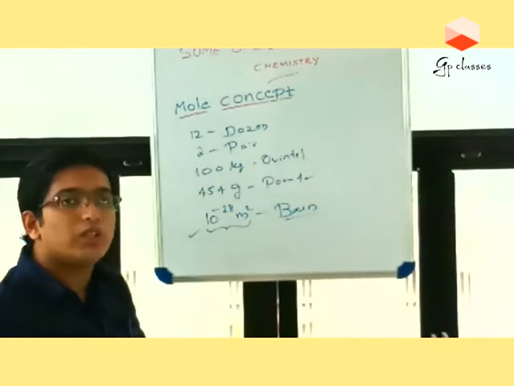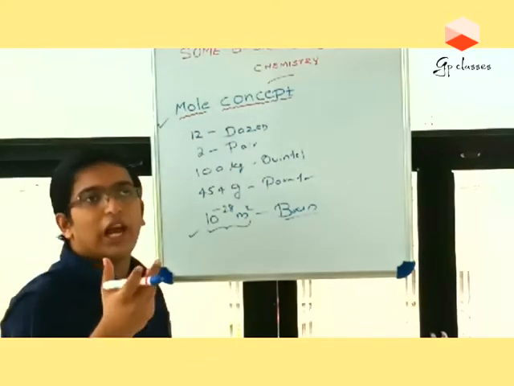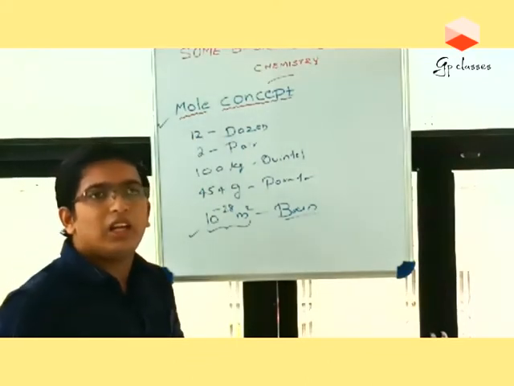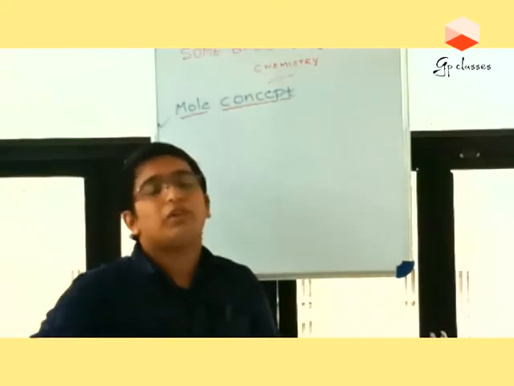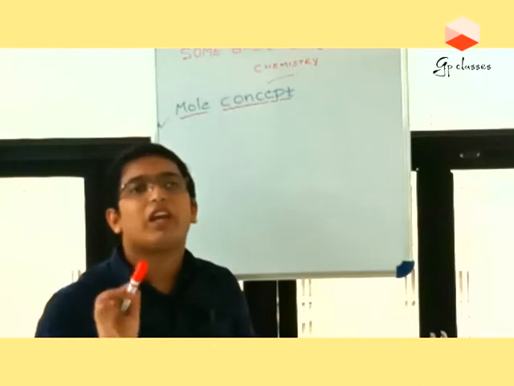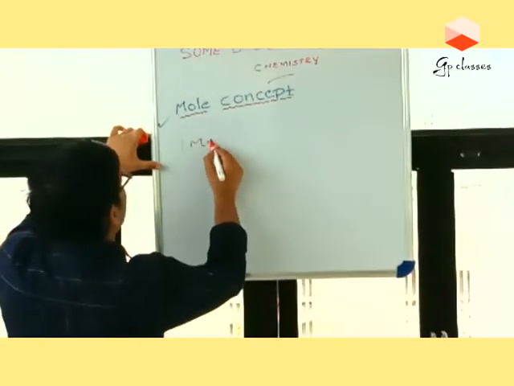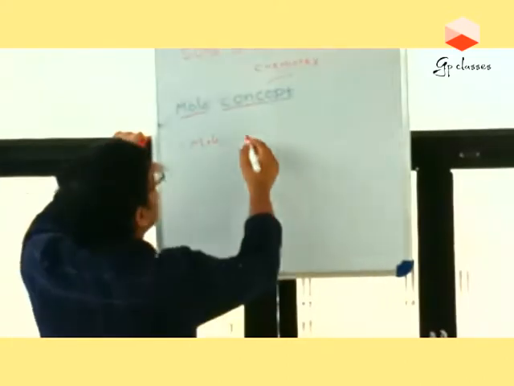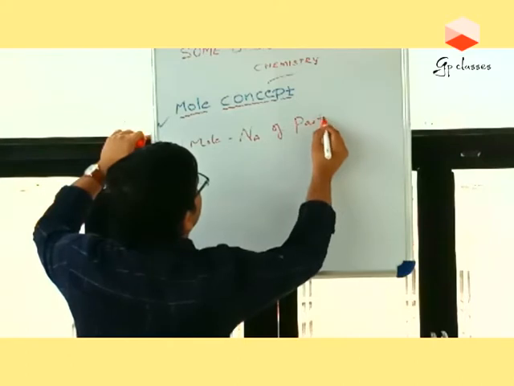Similarly, we use a term known as mole in atomic calculation, which basically refers to a particular number of atoms. So mole refers to anything which has Avogadro number of particles. What is 1 mole? 1 mole is anything which has Avogadro number of particles. What is Avogadro number?